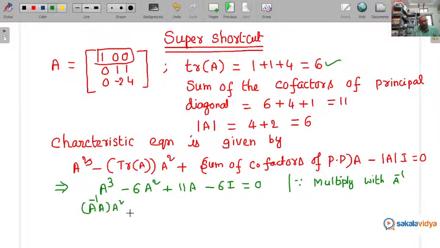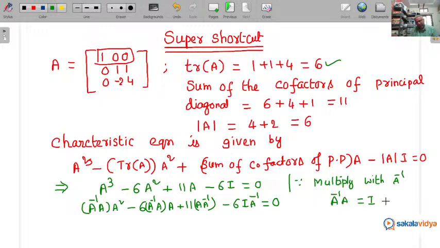A square into A cube only, minus 6 times A inverse A of A, write down, plus 11 into A of A inverse, write down, minus 6 I into A inverse is equal to the null matrix into A inverse, is null matrix only. So my dear students, remember, A inverse of A is equal to identity matrix I.